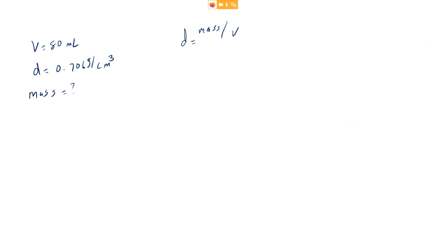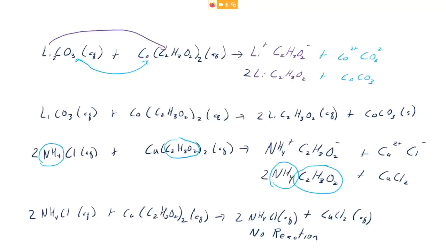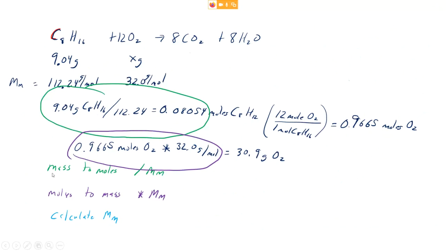Okay, that makes sense. So that's why I said you really want to know these things, because the formula is not given to you on the formula sheet. These three processes: mass to moles, which means you divide the mass by the molar mass; moles to mass, where you take the moles times the molar mass; and calculating the molar mass, which you need for both of those.